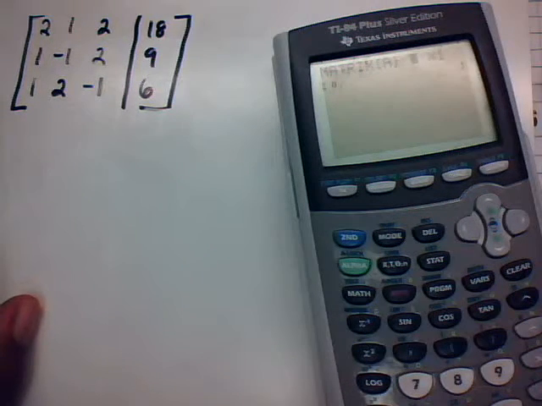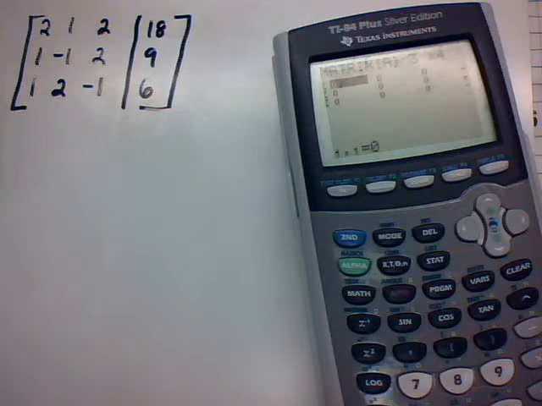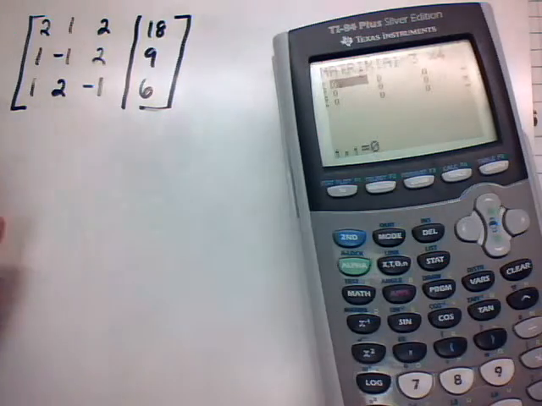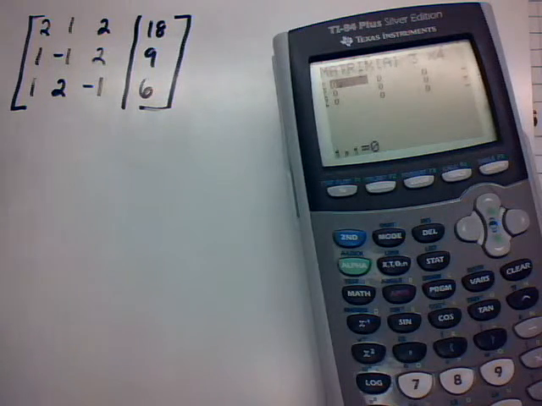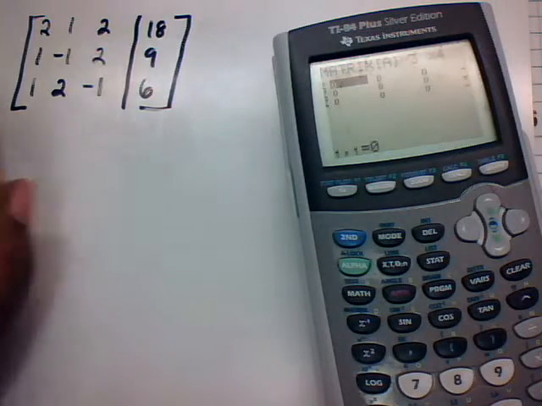So the first number will be a 3, so we type in the 3, then hit enter. The next number is a 4, because there are 4 columns, and then hit enter, because it's a 3 by 4 matrix. Matrices are in rows and columns. 3 rows, 4 columns, so it's a 3 by 4 matrix. Now we're going to enter each individual element row by row, because the first row is 2, 1, 2, and 18.